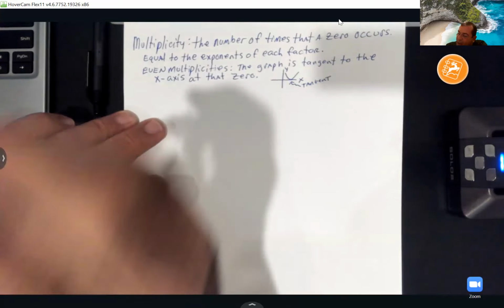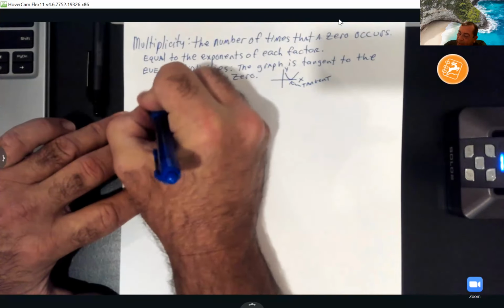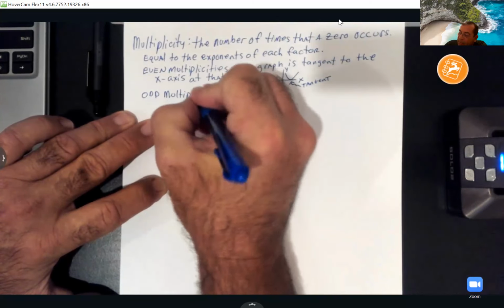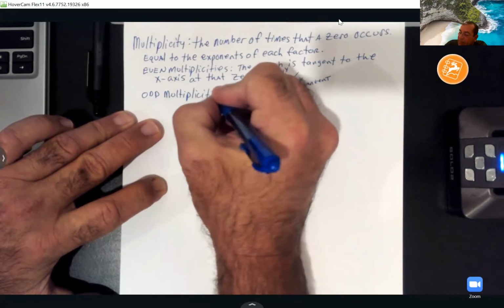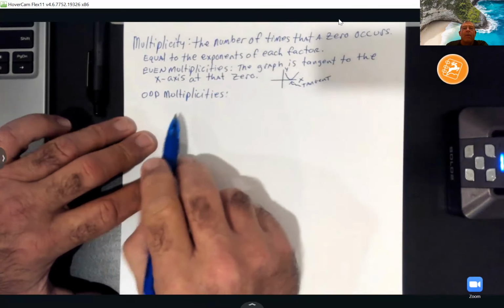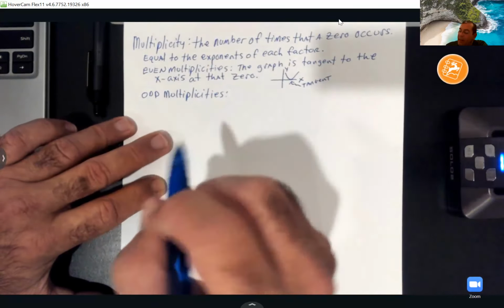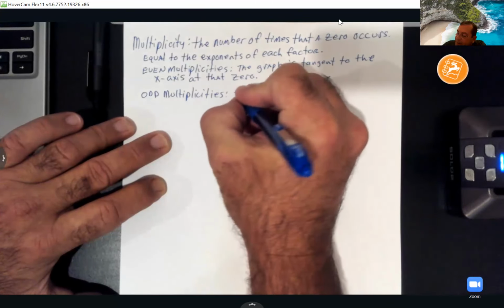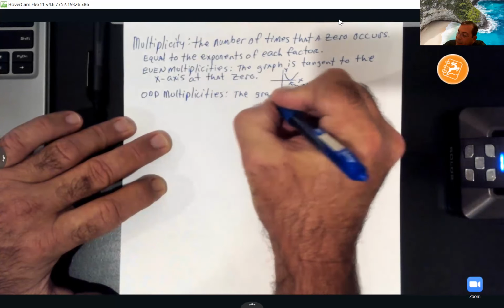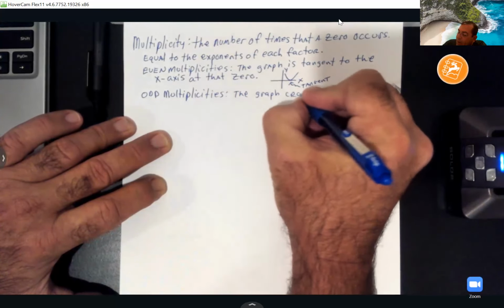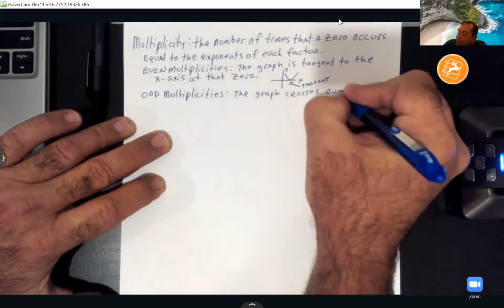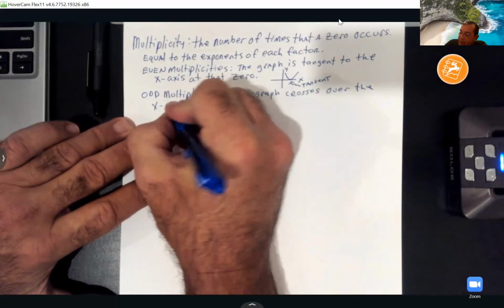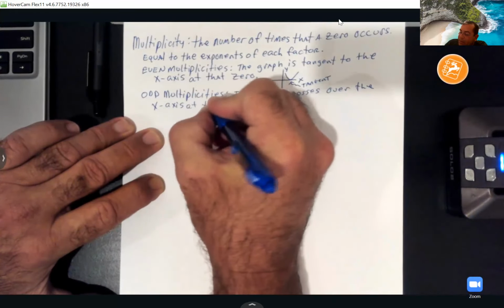Now, odd multiplicities. Well, if it's got an odd multiplicity, the graph is going to cross over the x-axis at that 0.